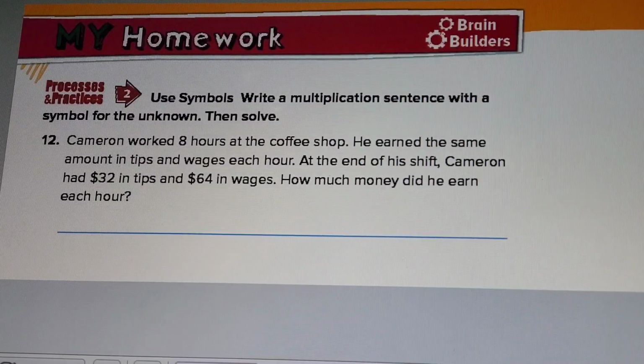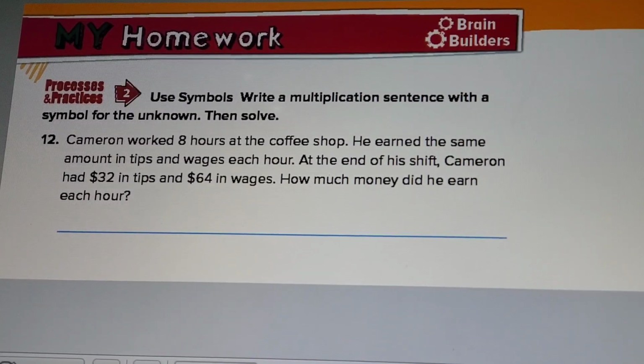My homework, Brain Builders, Processes and Practices, number 12. Use symbols, write a multiplication sentence with a symbol for the unknown, then solve. Cameron worked 8 hours at the coffee shop. He earned the same amount in tips and wages each hour. At the end of his shift, Cameron had $32 in tips and $64 in wages. How much money did he earn each hour?